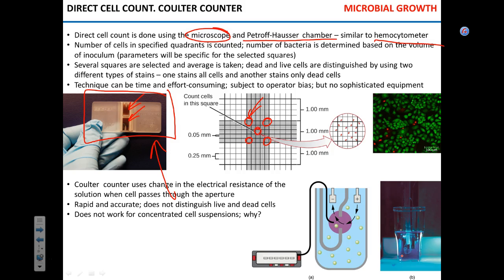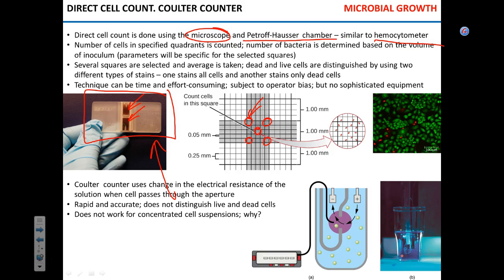I counted not bacterial cells, but mammalian cells using that technique. And it's boring. It requires a lot of concentration. You really have to be all in the picture, just counting cells. And it takes time. So if you have 100, 150 cells in all 5 quadrants, it's going to take a lot of time counting. Okay?